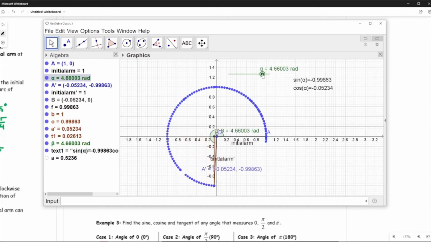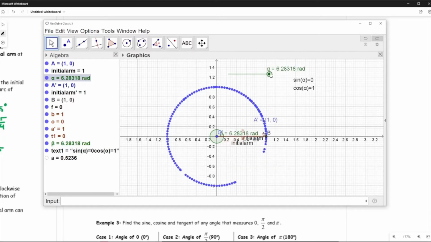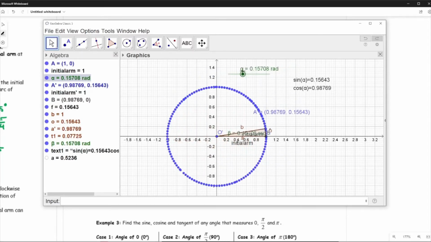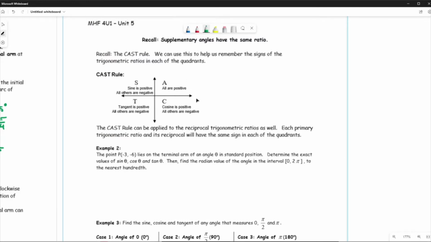When we bring the circle into the final quadrant, we see that cos is positive because, of course, we're back on the positive right side of the graph, but we're still on the bottom half of the graph, so sine is negative. Now this gives rise to something called the CAST rule, which is right here.